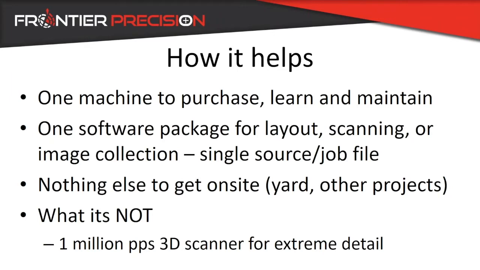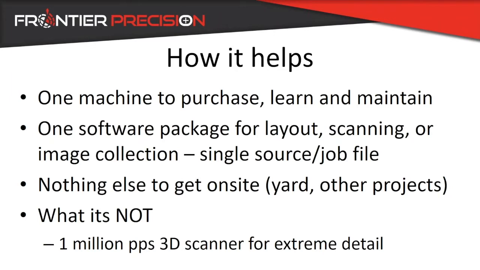One thing that I kind of want to highlight is what the machine is not. With the 1,400,000 points per minute scanning time, that's pretty good. But if you are looking to get extreme detail, quarter-inch spacing, excuse me, not accuracy, on a very large area, a traditional scanner like a Trimble TX8 that shoots 1 million points per second will cut down your scan time significantly.